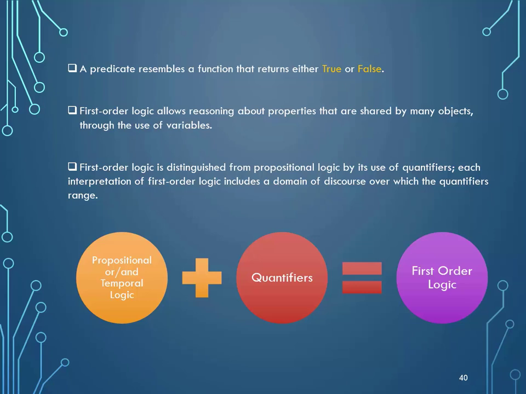What first order logic allows us is reasoning about the properties that are shared by many objects through the use of variables. So really this is just to get the understanding for the simulator of what is going to be checked in our definition. Here, a picture says more than words: propositional and temporal logic plus quantifiers is equal to first order logic.